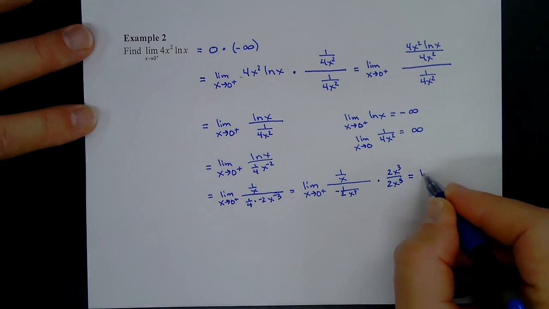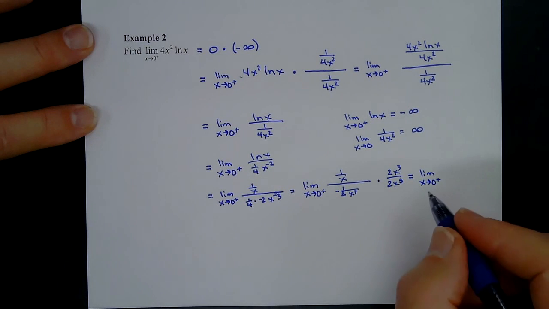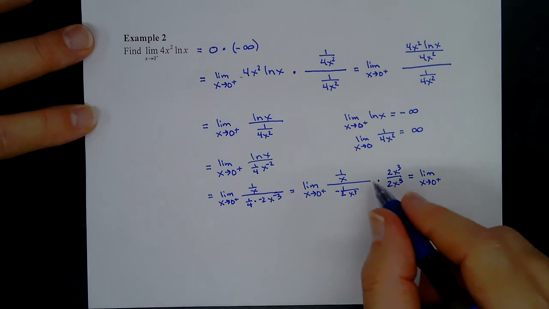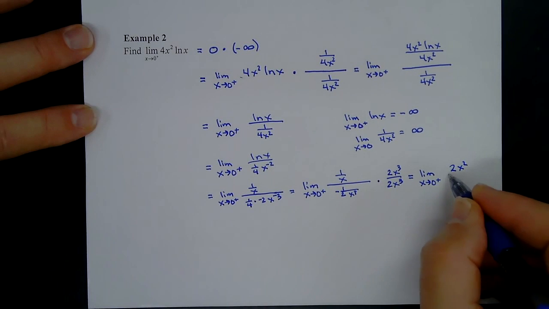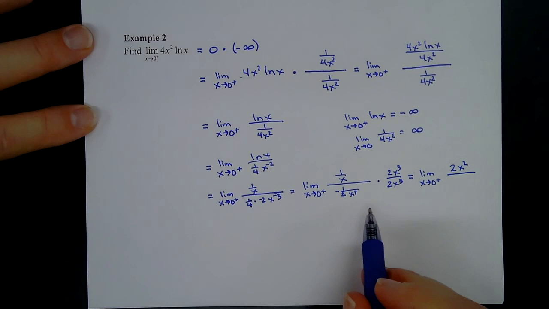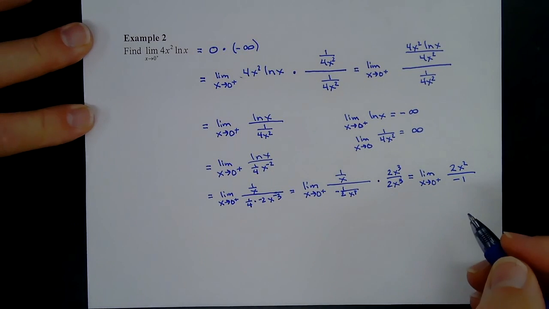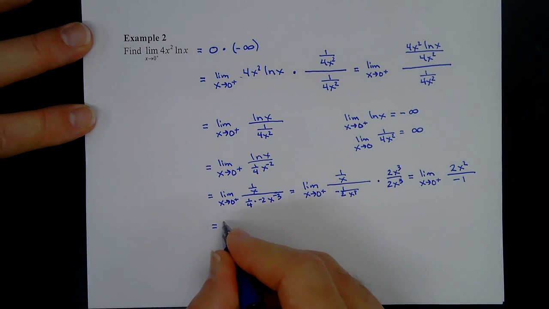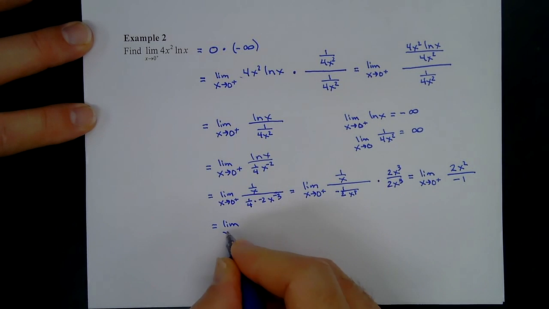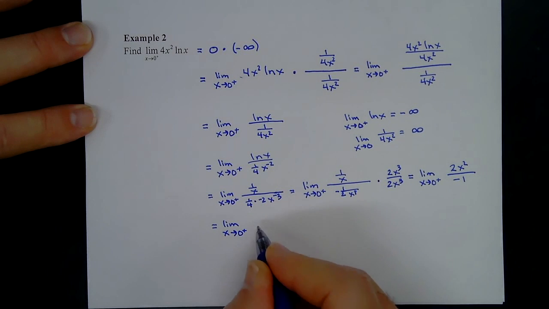That would give us the limit as x approaches 0 from the right of, and this would be left on top with 2x squared over just negative 1. So this becomes negative 2x squared. So this becomes the limit as x approaches 0 from the right of negative 2x squared.